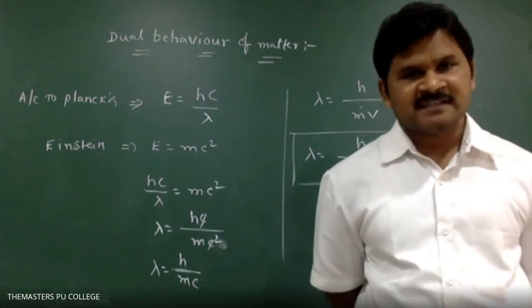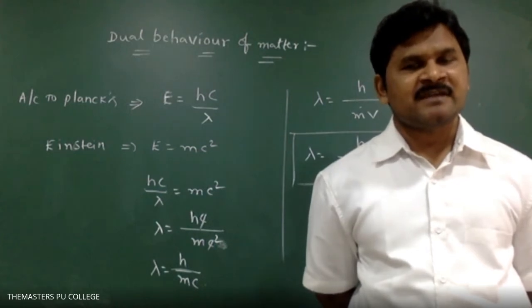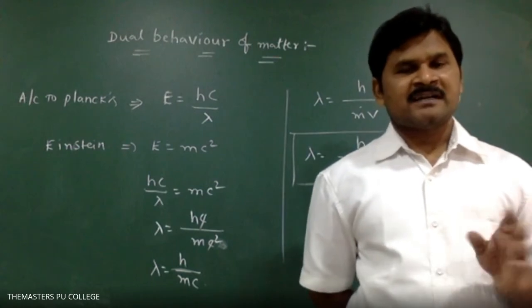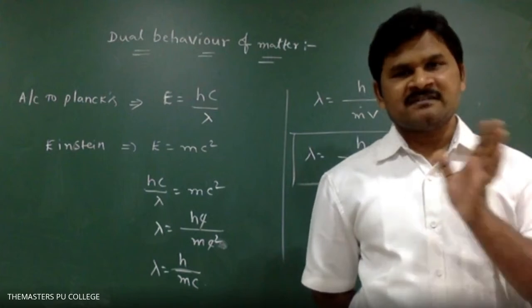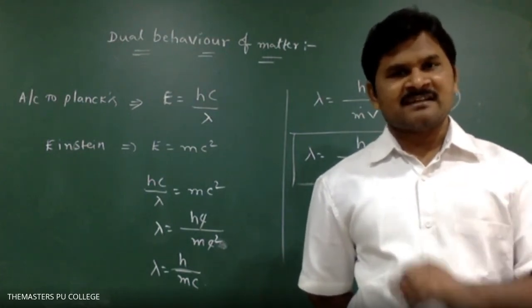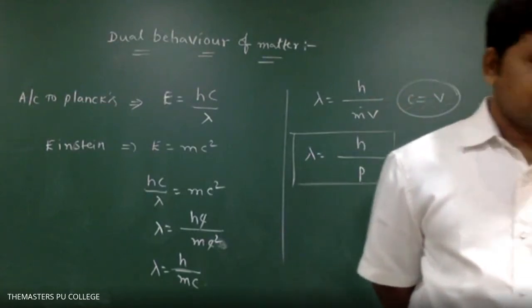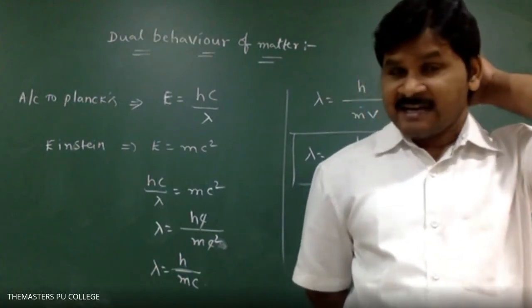The photoelectric effect is explained by particle nature. Interference and diffraction are explained by wave nature. An object has two types of natures: wave nature and particle nature. One explains one type of properties, another explains another type. Thus light has a dual nature.